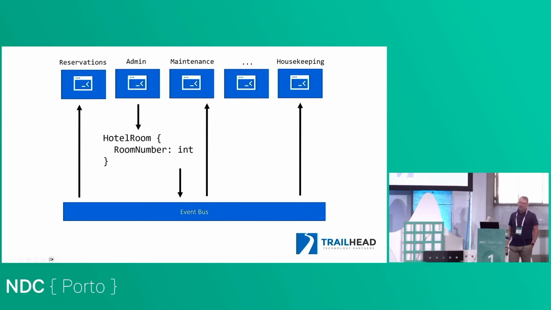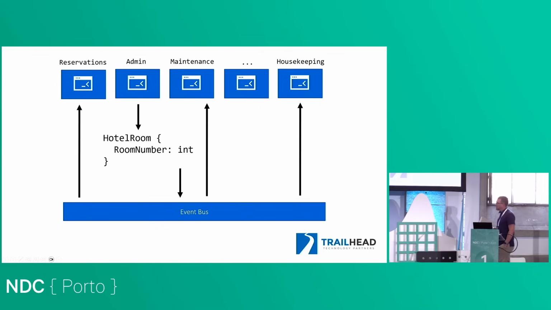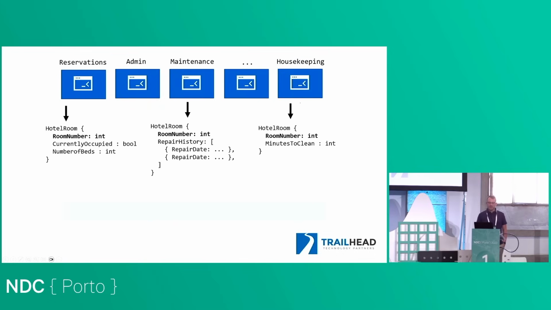And then anybody that has subscribed to that event will get that event. And depending on what technology you use for your event bus, you can make it so that even if these other services are down for maintenance, when they come back online, they will get these events. You can make guaranteed delivery. So all of these subscribers will get this information, and they can now update their own copies of this data to say, I now know about hotel room 124.